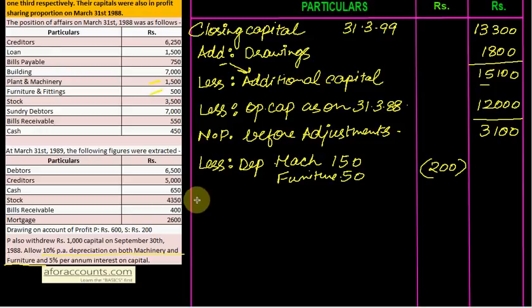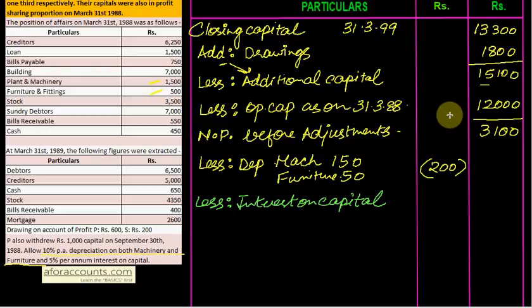So less interest on capital. Now this is a crucial part. What is interest on capital? See, we are given that P and S share profits in the ratio 2:1, and we found out that our opening capital was 12,000.